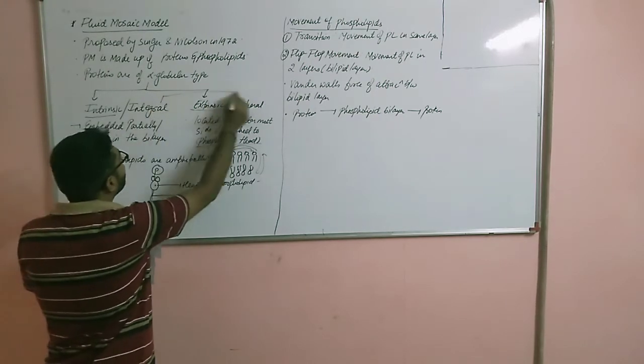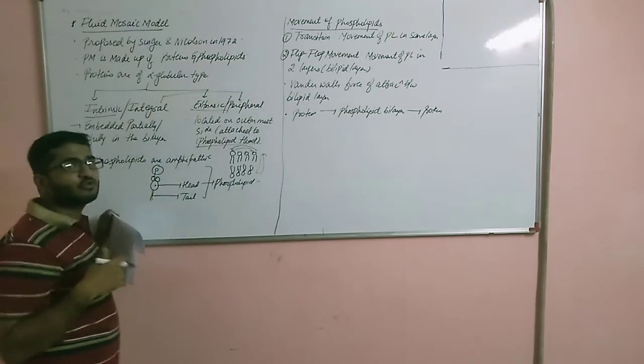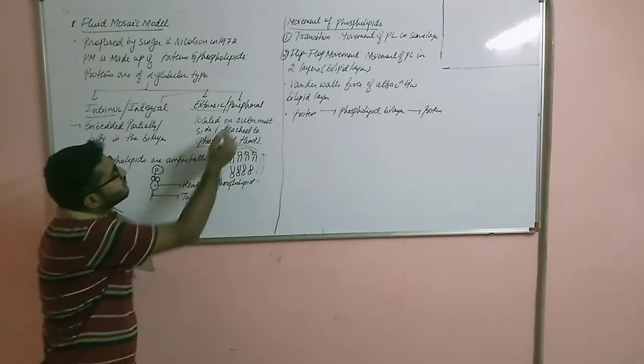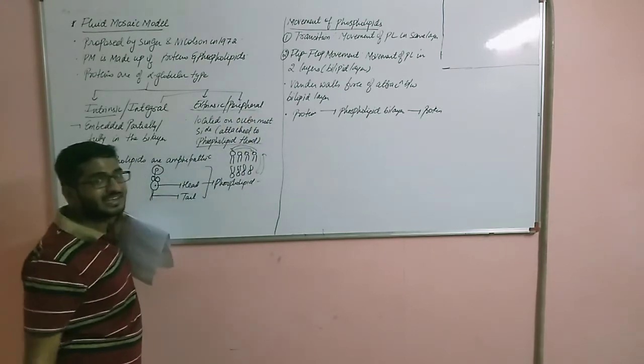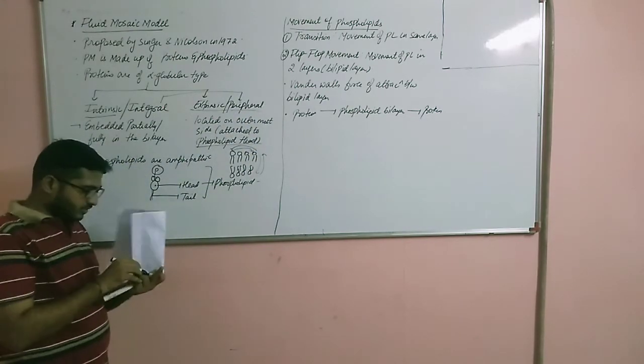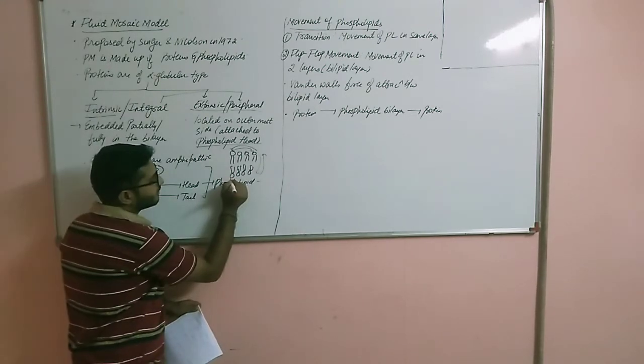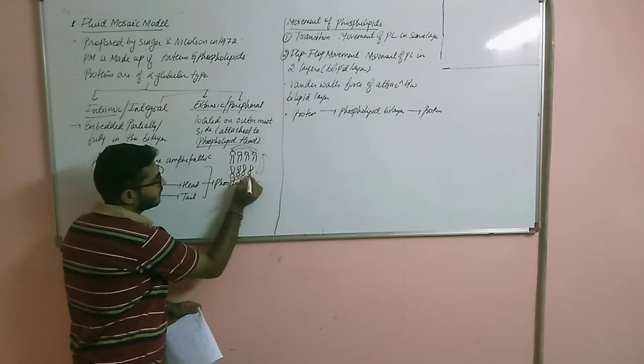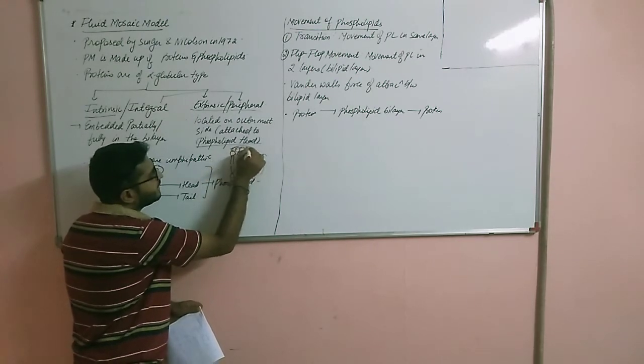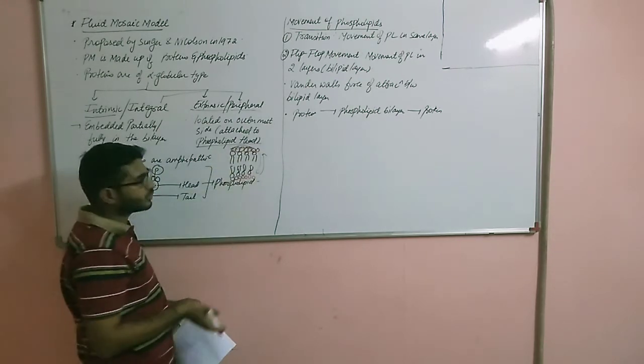Now, if we have to extract integral and peripheral protein, which protein will be extracted easier? Of course, peripheral protein will be extracted easier, because this protein is located exteriorly, on the periphery. Let us say here. So simply you can use detergent to extract this protein.